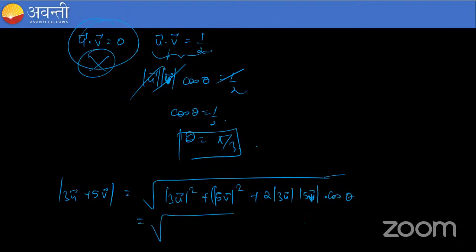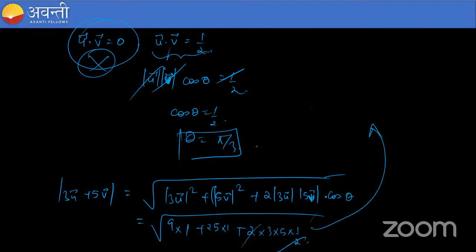So this will be the square root of 9 into mod U squared, which is 1, plus 25 into mod V squared, which is 1, plus 2 times 3 into 5 into half, right? So this will get cancelled. What we get from this is the square root of 9 plus 25 plus 15. So we get the square root of 49, so this is 7, right?